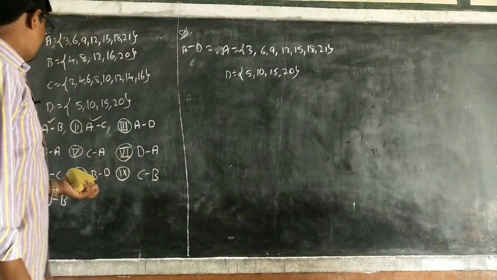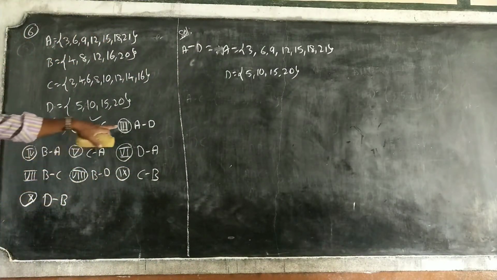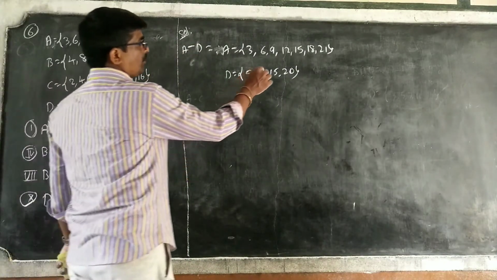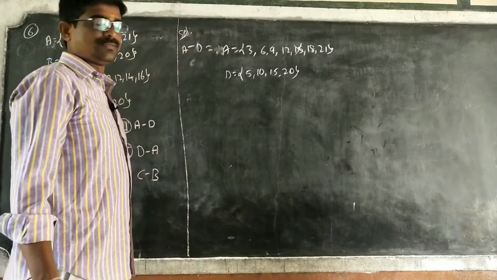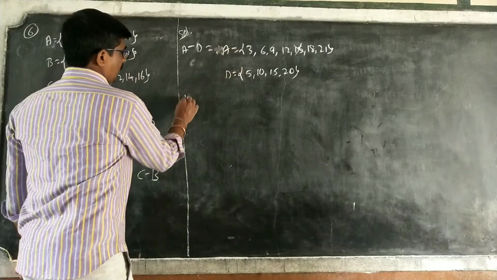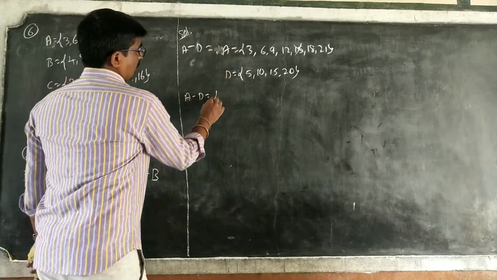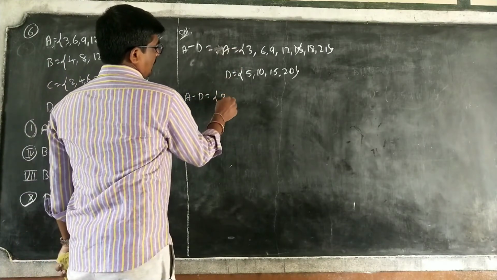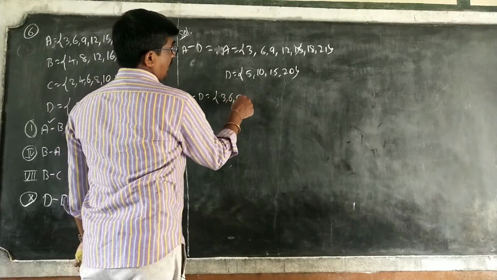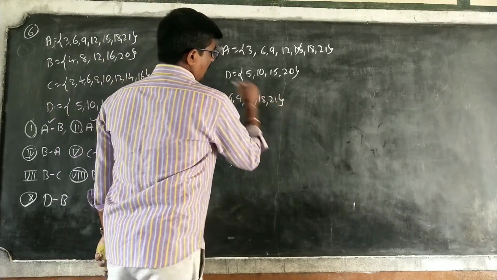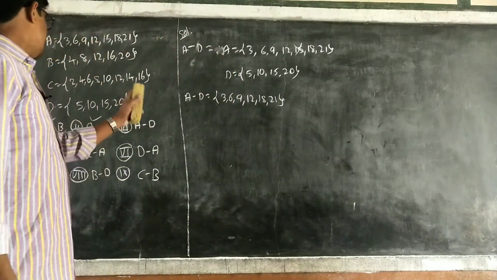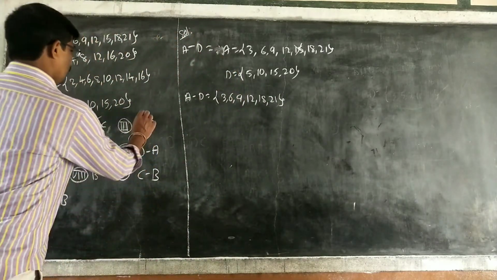So what we have to find? A minus D. We have to remove common elements in A. That's enough. A minus D is equal to 3, 6, 9, 12, 18 and 21. This is A minus D over.